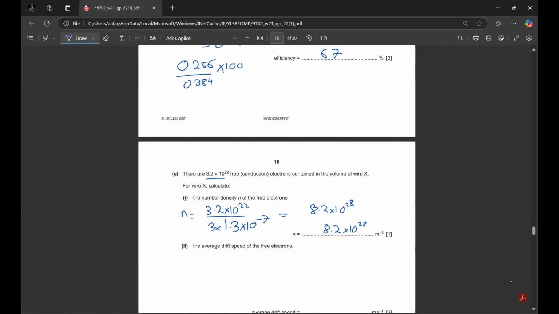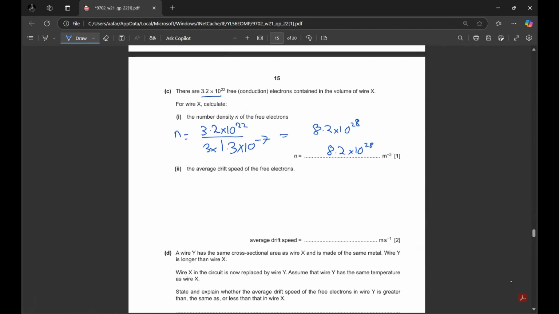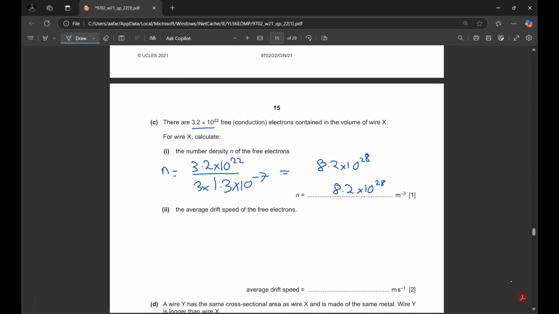Now they've asked us to calculate the average speed of the electrons. So we just use the formula for current, which we need to memorize.